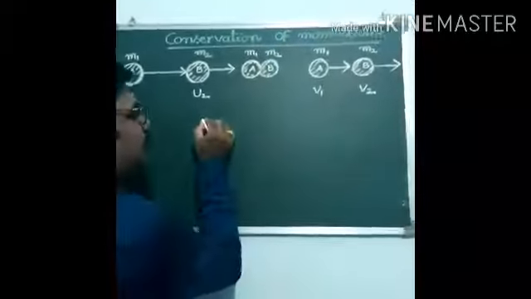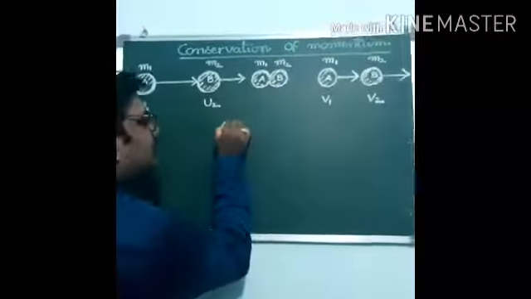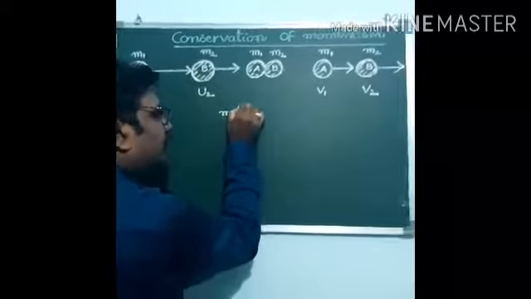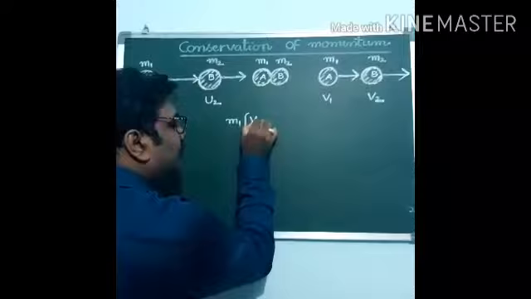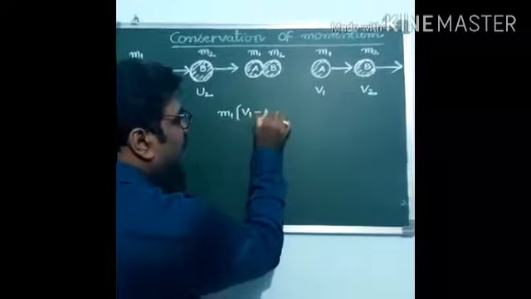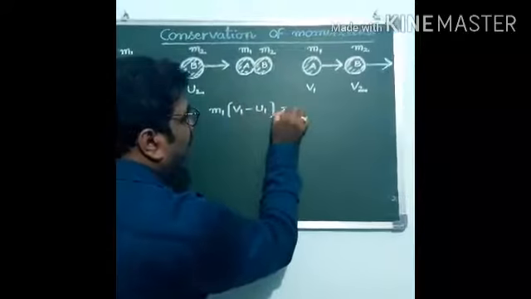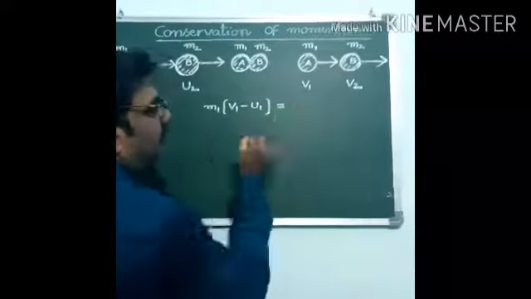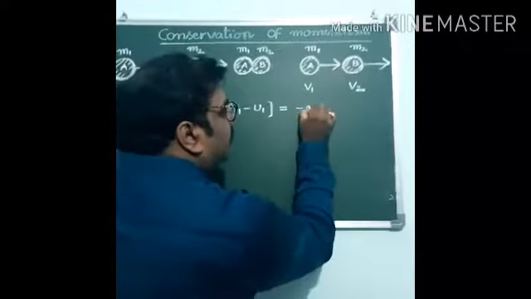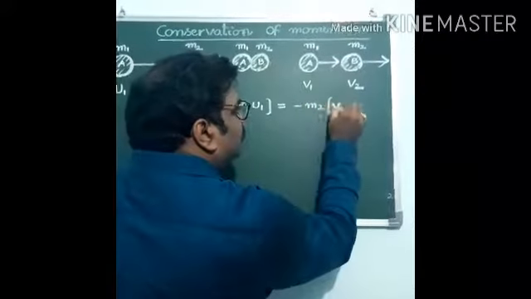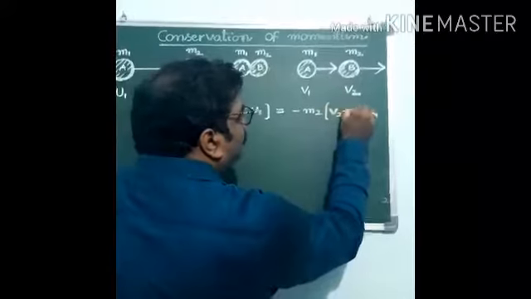Now as a part of action equal to minus reaction, what am I getting? The continuation: m1 (v1 minus u1) is equal to minus of m2 into (v2 minus u2).